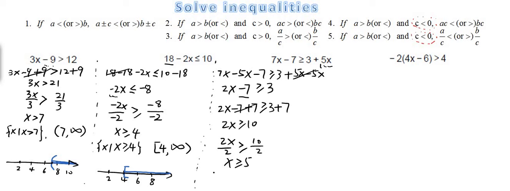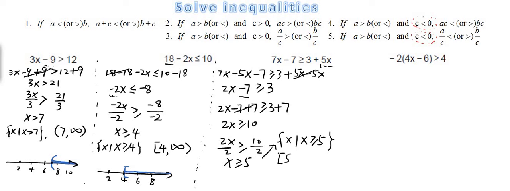Now we can write it down as the set notation. It should be x greater than or equal to 5. Also, we can write it down as interval notation.